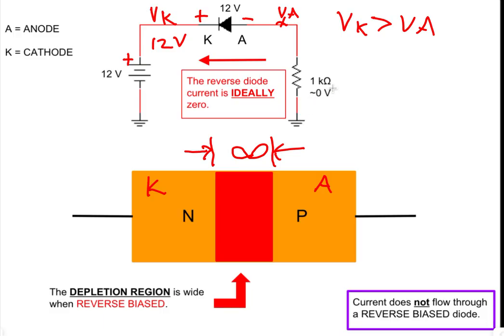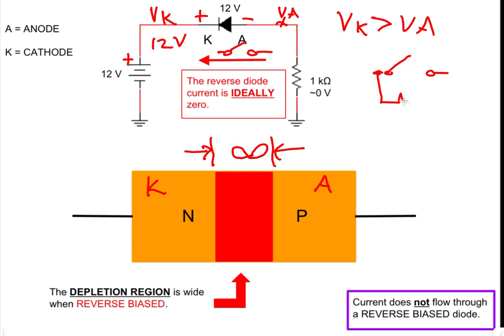So if the resistance anode to cathode is very high, you may think of the diode as being like an open switch. Okay?